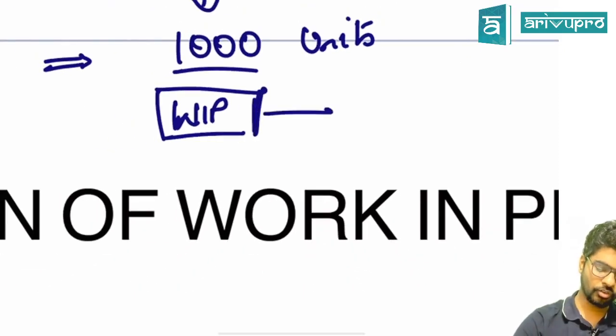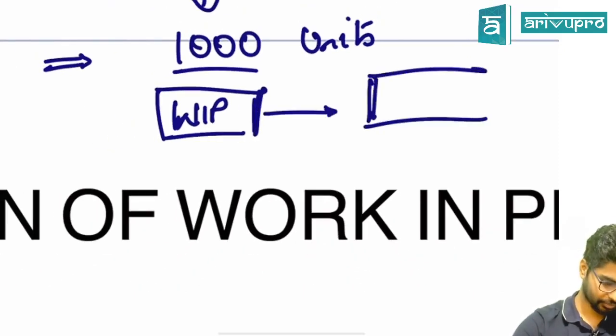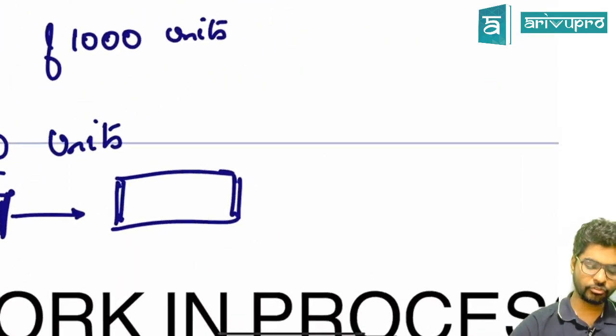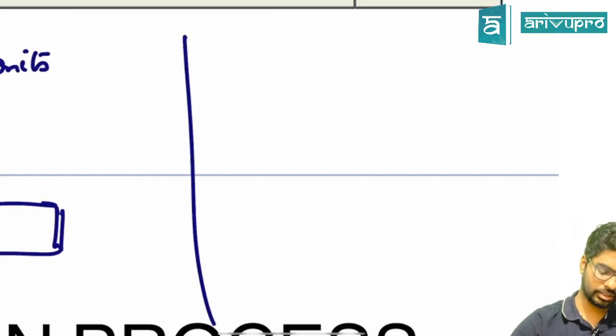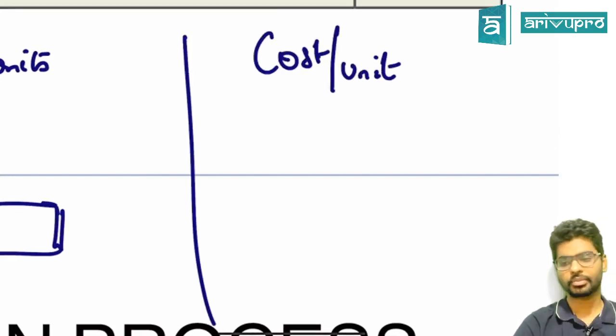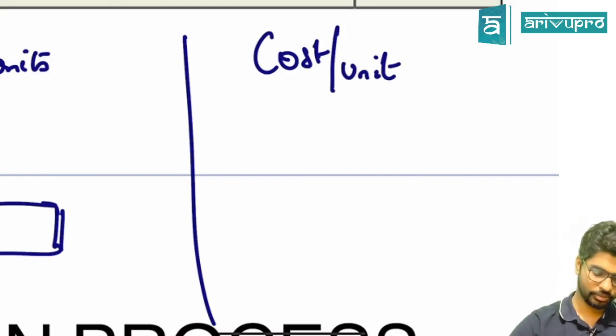Now when I am talking of work in progress, how do I find the value of cost per unit? What's the formula to find cost per unit? Correct?